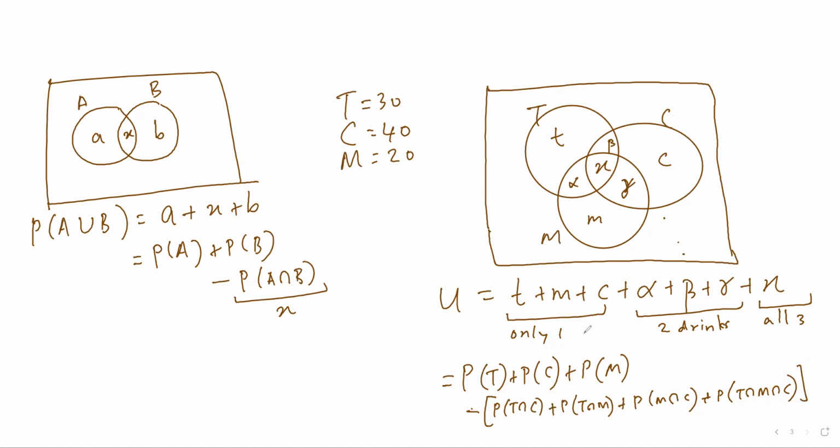So let's check what we wrote. Is it correct? The probability of T here, we can mark it as T plus alpha plus X plus beta.